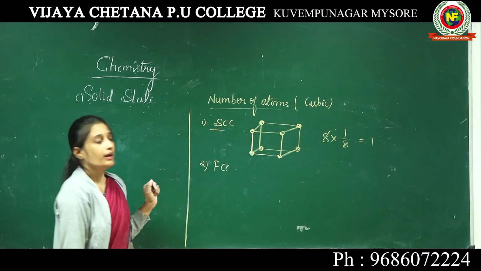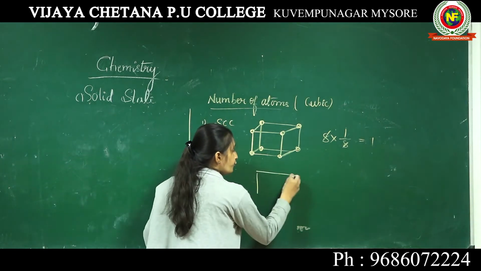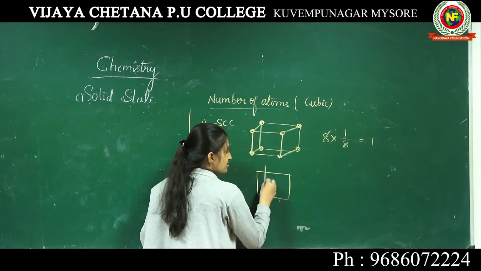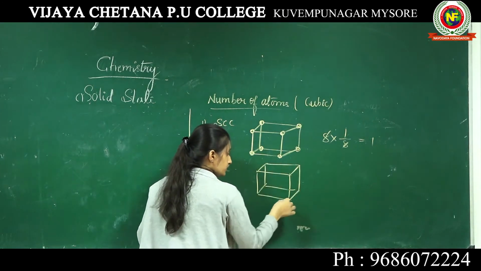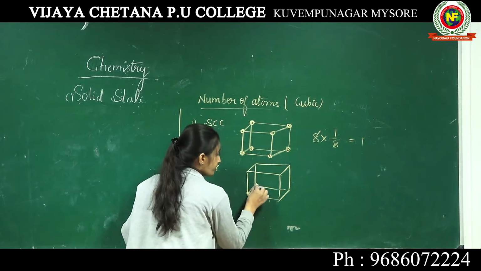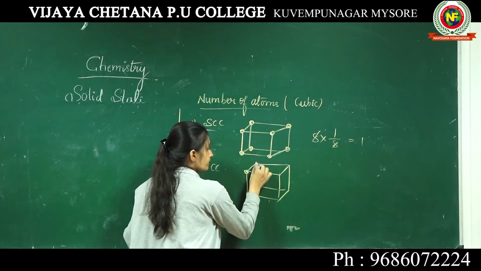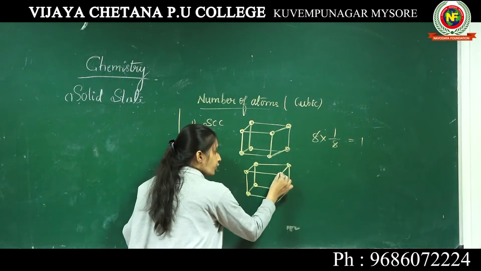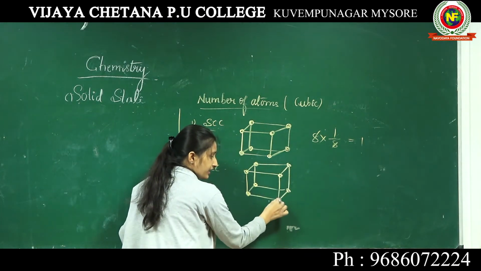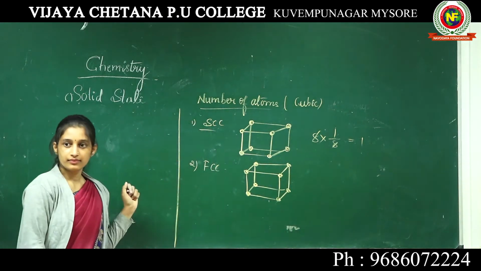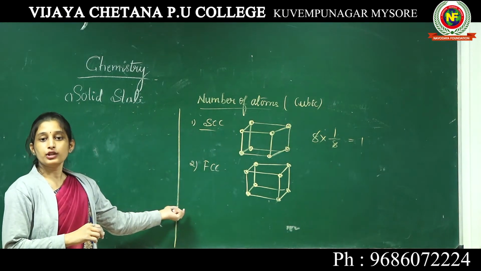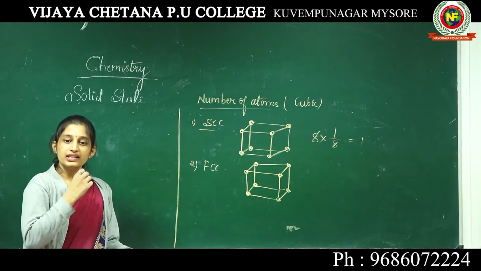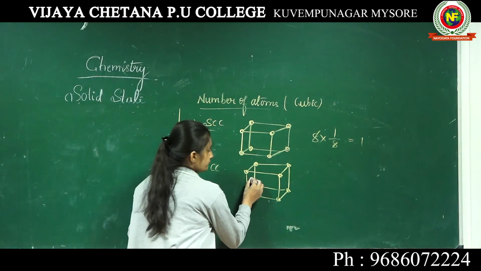FCC. FCC means face center cubic crystal lattice. All the 8 corners contain 8 atoms, and along with it, how many faces are there for cube? 6 faces are there. Each face contains one atom. Why?